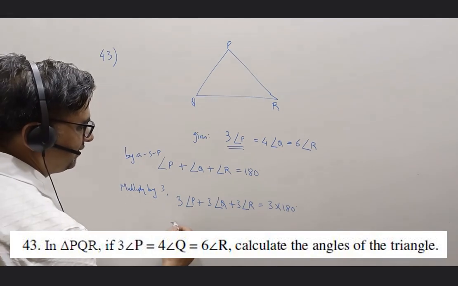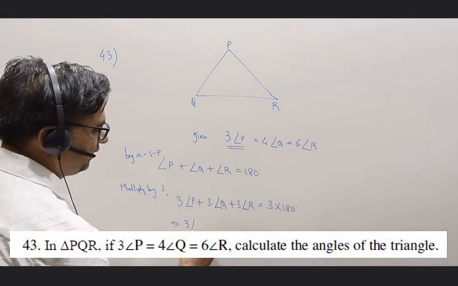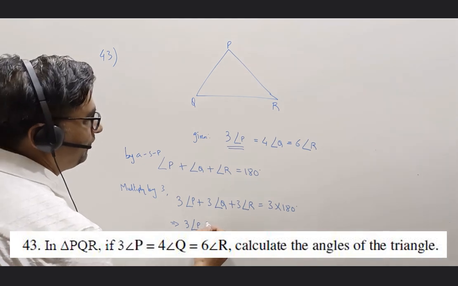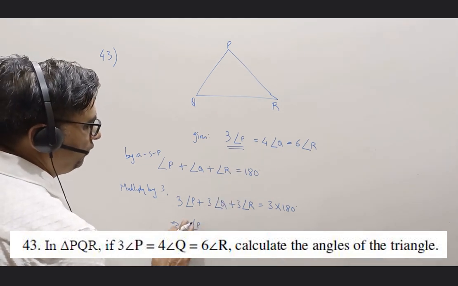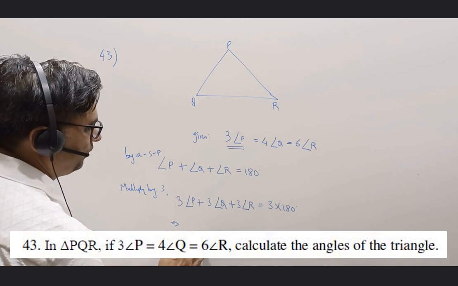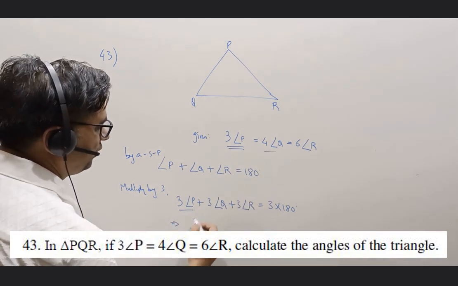That gets us thrice of angle P, which we can write as 4 times angle Q. 3P can be written as 4Q.